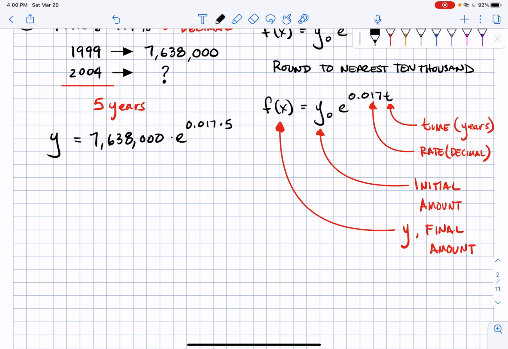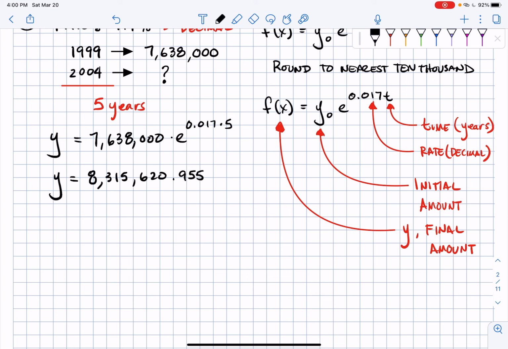Okay, so all you gotta do is plug that into your calculator, and when you do, you're gonna get 8,315,620.955. Boy, 0.955 is a weird person, right? It's not quite complete. It's not all there, right?